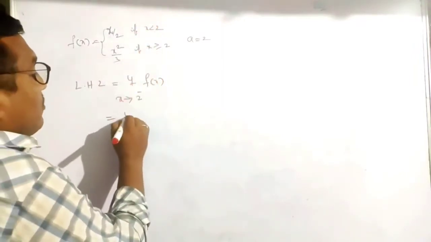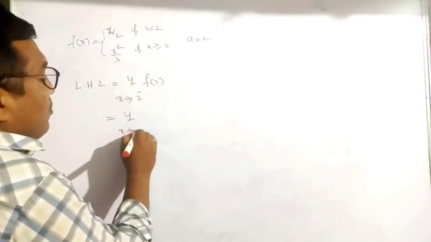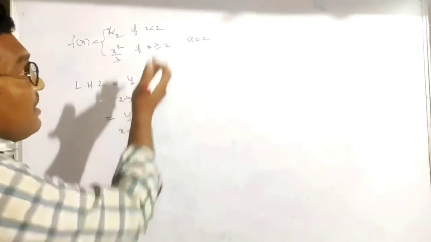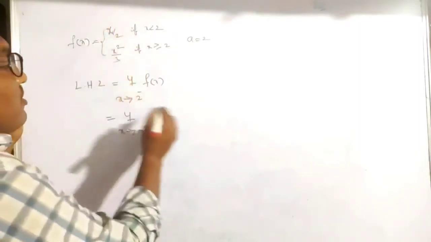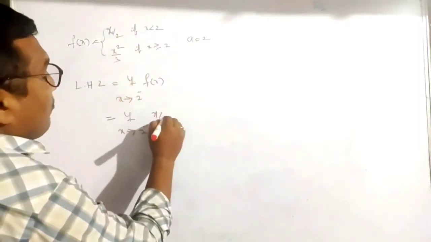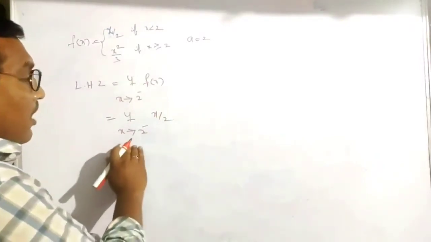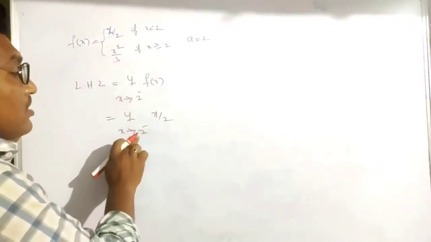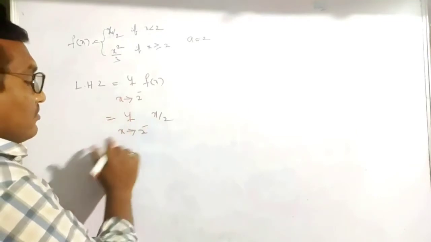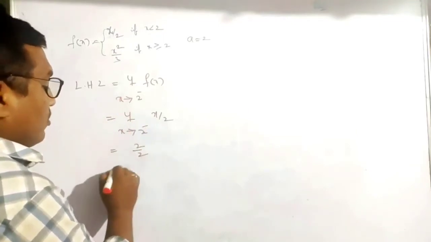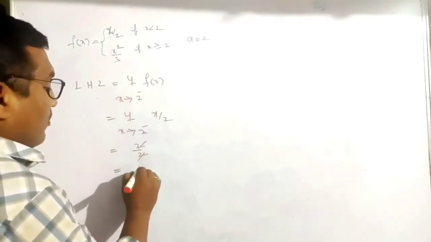When x is less than 2, the function is x by 2. Now apply the limit here, write the value of x. Therefore 2 by 2 becomes 1.